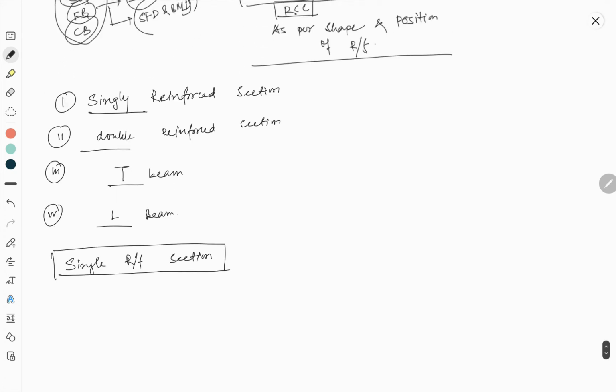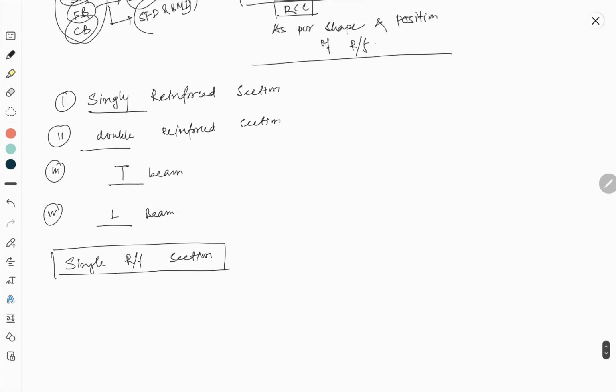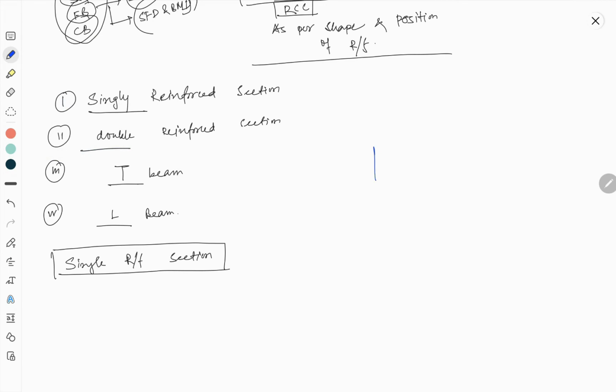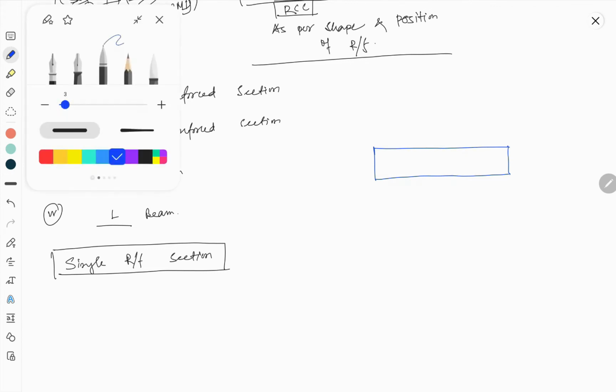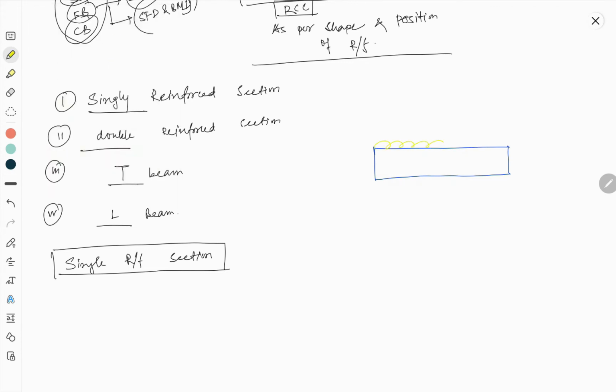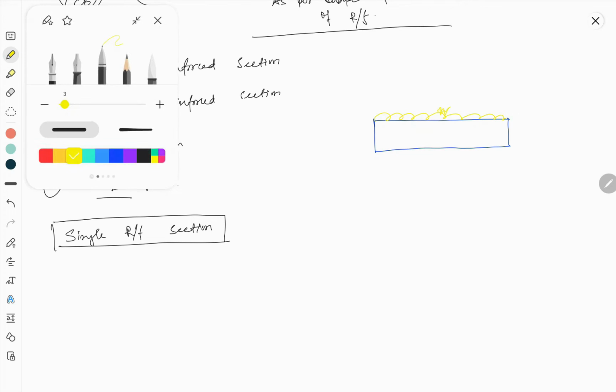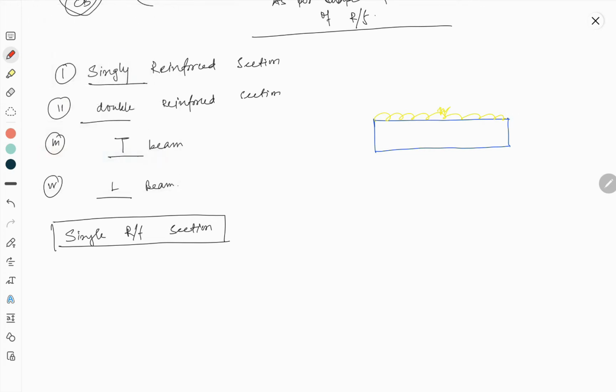Before starting the single reinforcement section, one thing I would say: this is the beam. After the W load is applied, what happens? Deflection will occur.